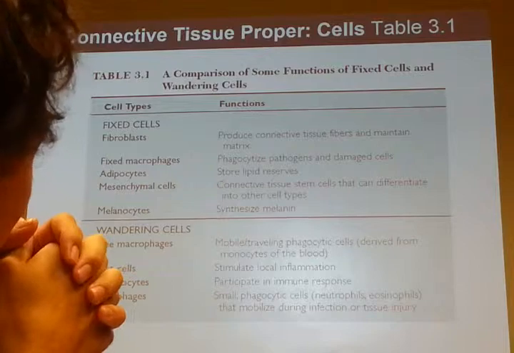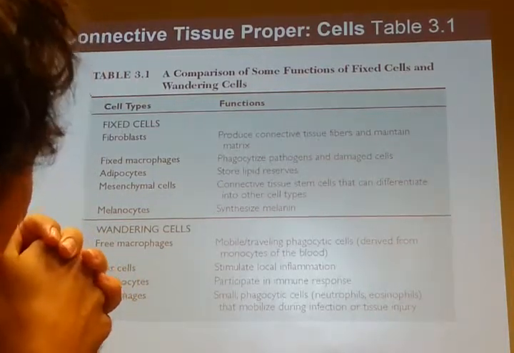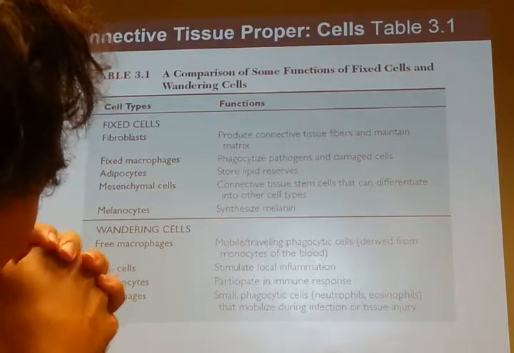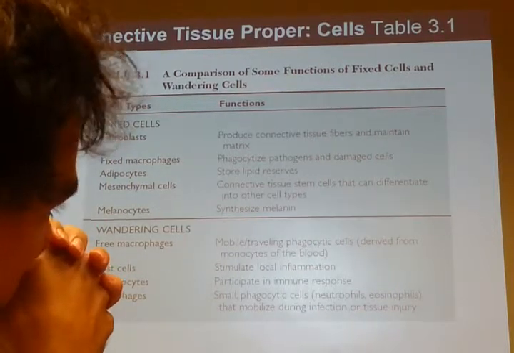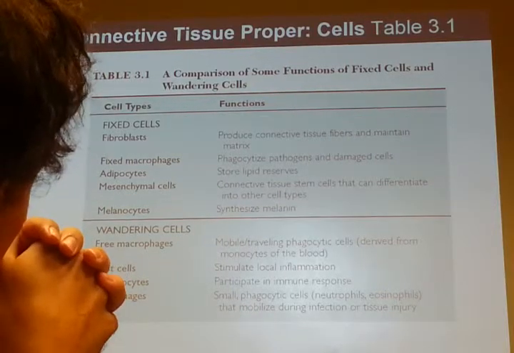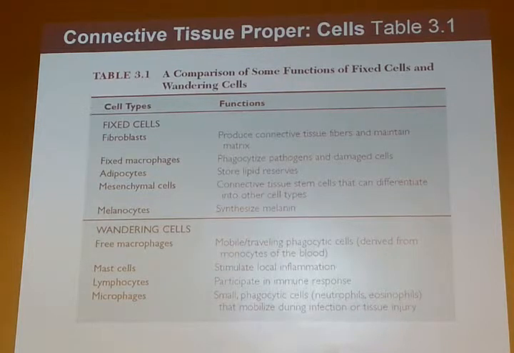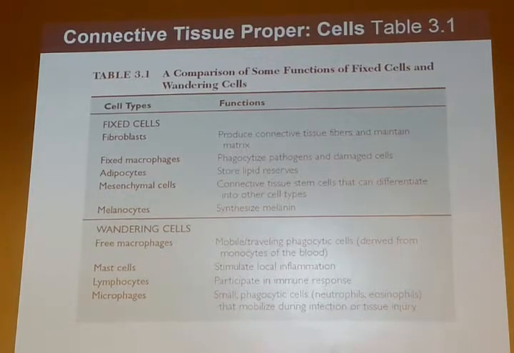Macrophages have the same kind of capability as a microphage does, but a macrophage can engulf bigger particles than a microphage can. Microphages are smaller in the first place, so they're limited in what they can actually ingest. So they're phagocytic.